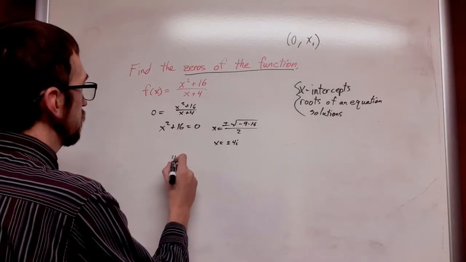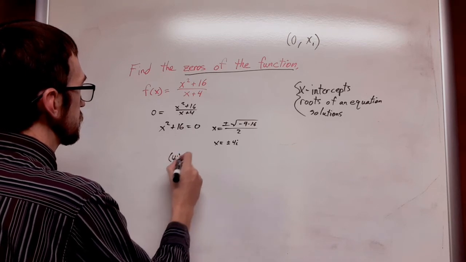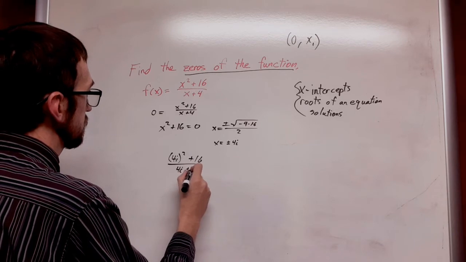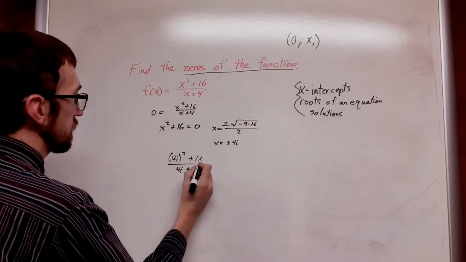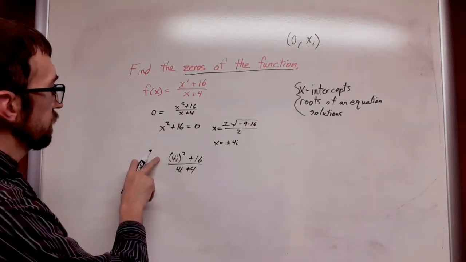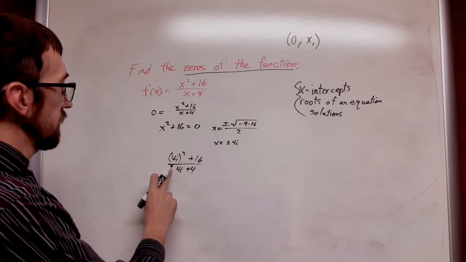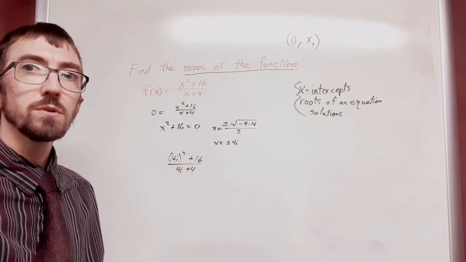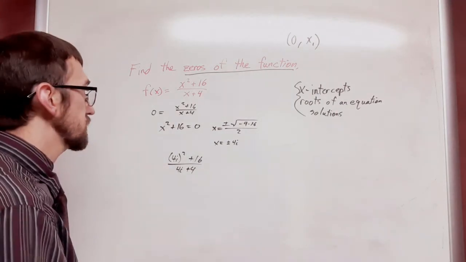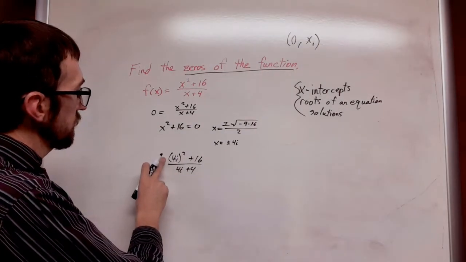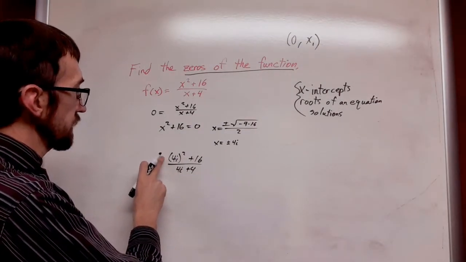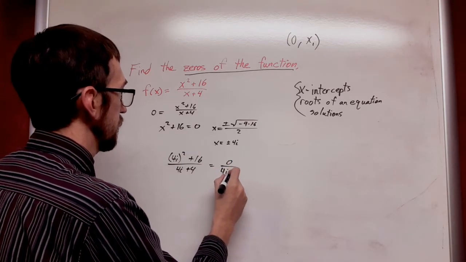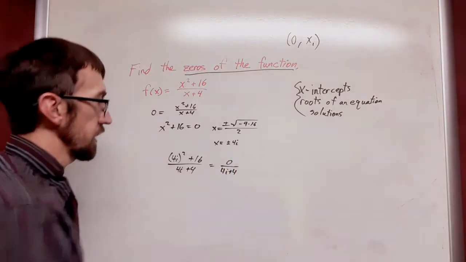If we plug 4i into the original, we end up with 4i squared plus 16 divided by 4i plus 4. Division by a complex number is defined so we can carry out this process. If we square 4i, this is going to give us negative 16, so we're going to have 0 in the numerator and 4i plus 4 in the denominator.